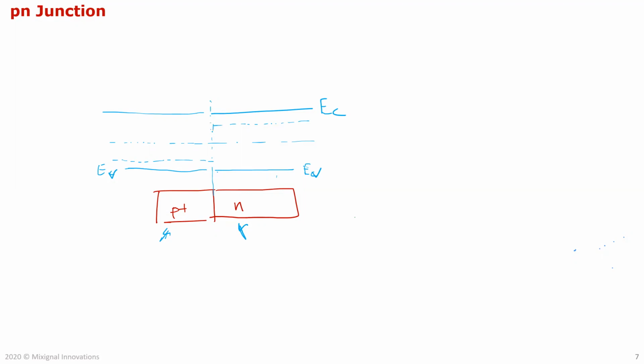On top of that, you have a huge potential difference here, and the electric field is the potential difference divided by the distance. If the distance is 0, the electric field would be infinite, and that's not possible either. So then what happens is what's called band bending.